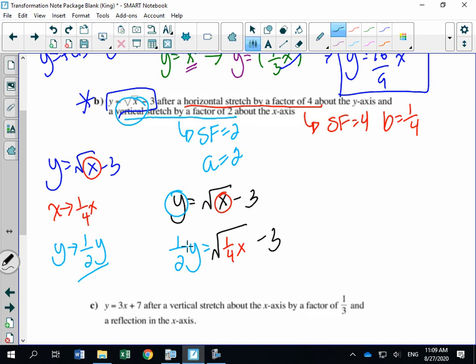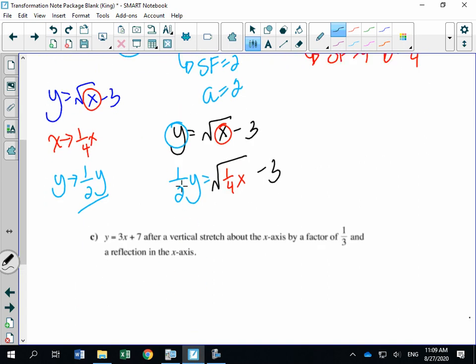Now we've got to do a couple of things. I need to get my a value over here. We want y isolated, right? So y is being multiplied by 1/2. I want to get rid of that 1/2, so I'm going to multiply both sides by 2, because 2 times 1/2 gets rid of my 1/2, and now I've got y is equal to 2 open bracket 1/4 x minus 3.